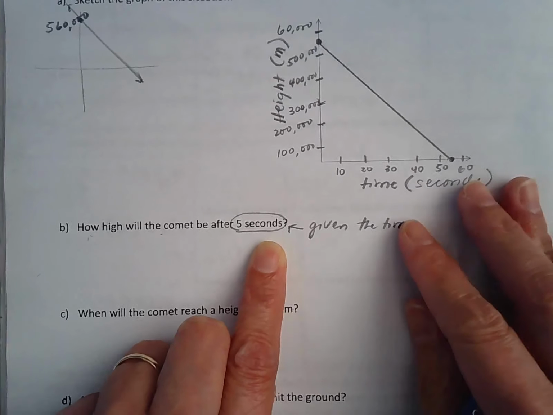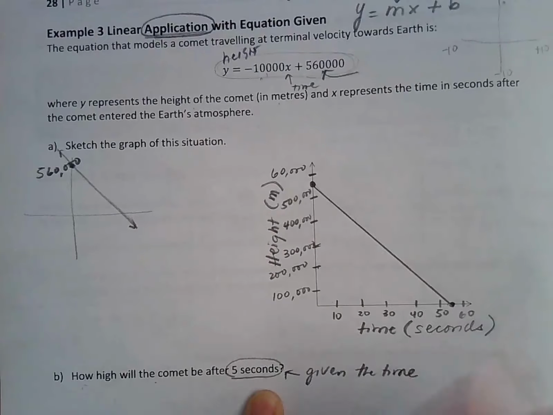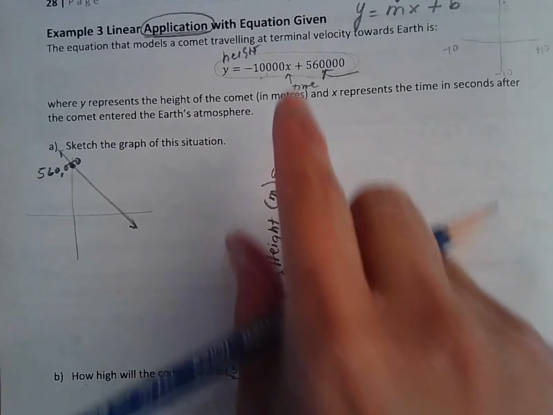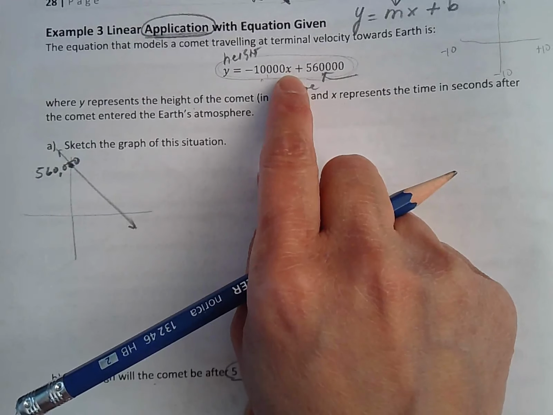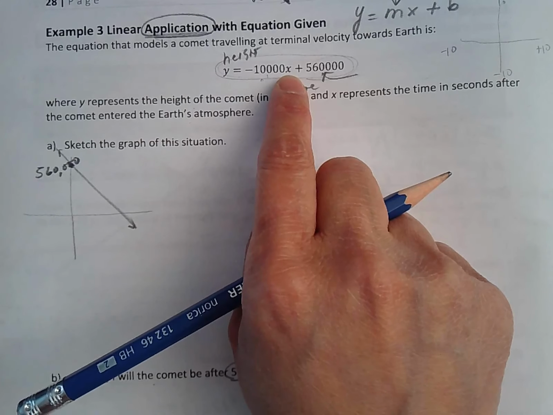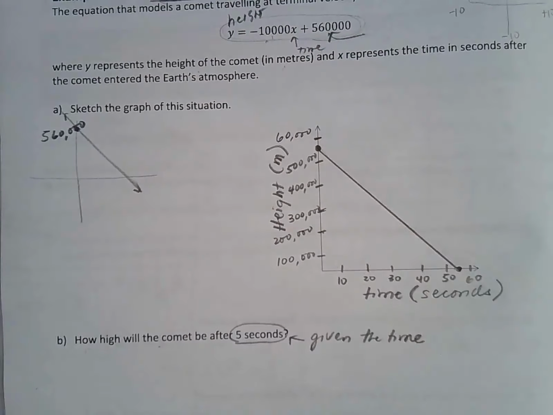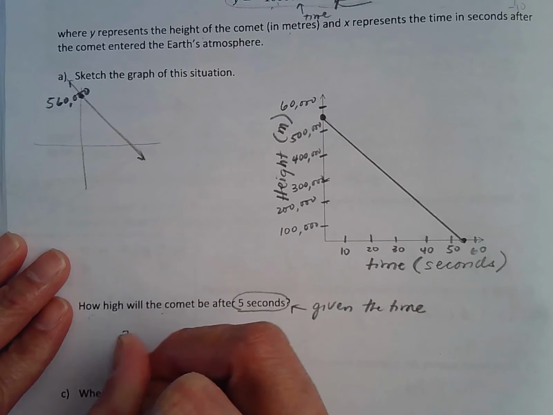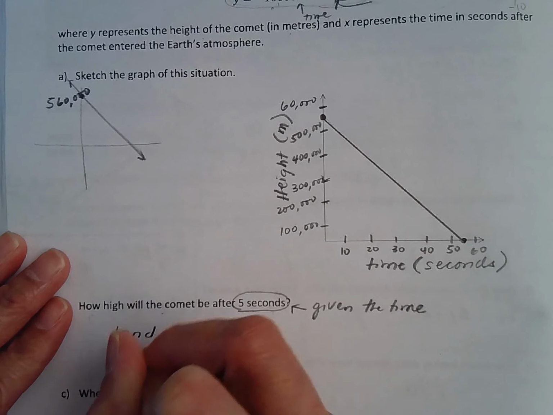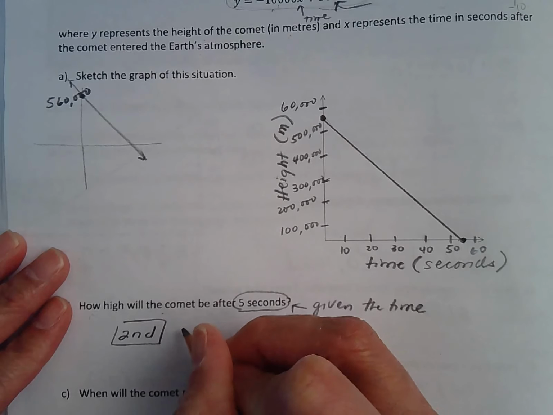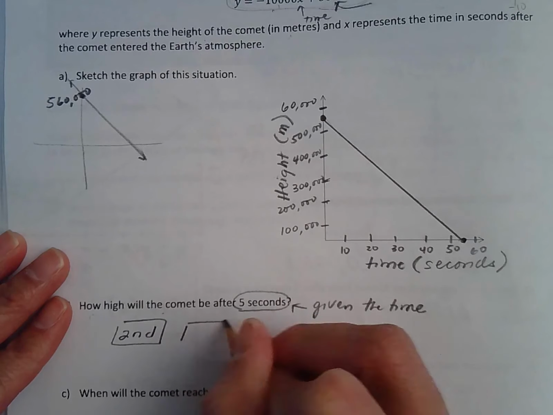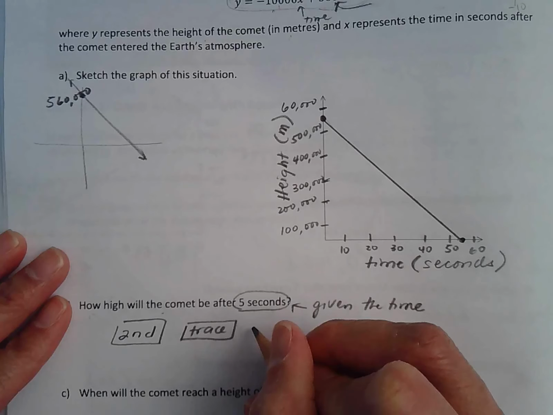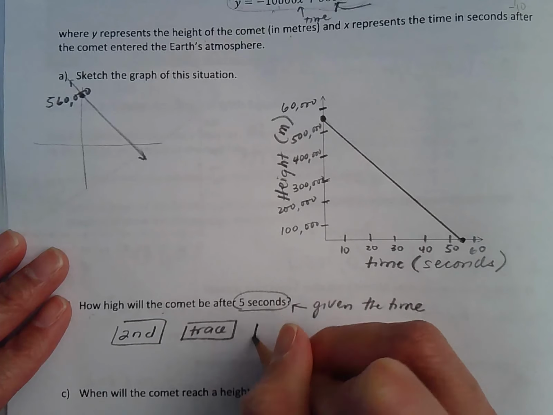Okay, well, let's go back up here. Which one is the time, the X or the Y? The X. X is the time. So here's what we can do. We can go second function, trace, and then press 1 for value.